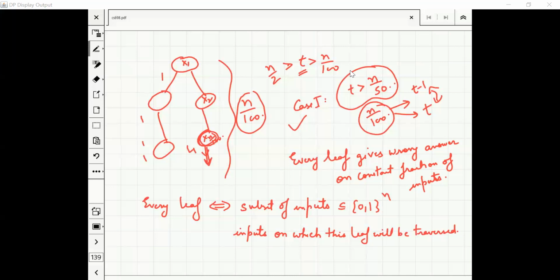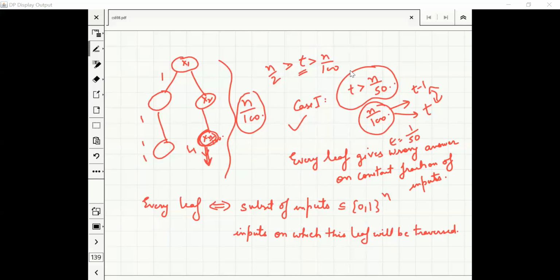From here, the failure probability would be something like 1 by 50 or so. Yeah, something like some constant. So I can take epsilon to be that epsilon, right? Yes, absolutely. Or otherwise, if you want to make epsilon to be 2 by 3, then you take the depth to be n by 1000 or something. Sounds good?